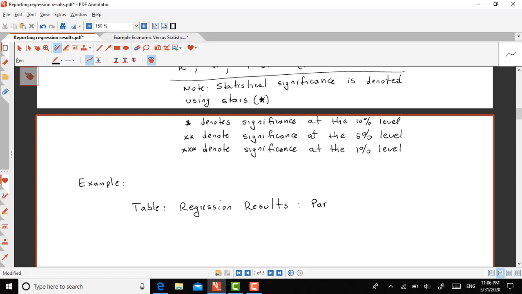At the minimum, you have to say regression results, participation rate as the dependent variable. So we're very clear, and I'm being inconsistent here. I'm going to have no capitals: participation rate as a dependent variable.